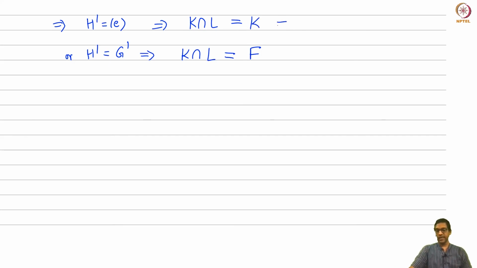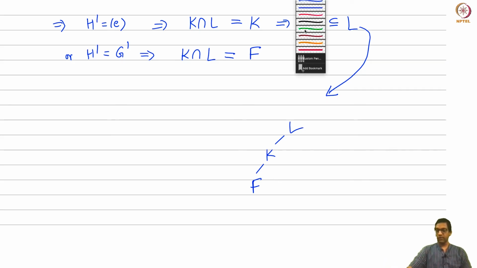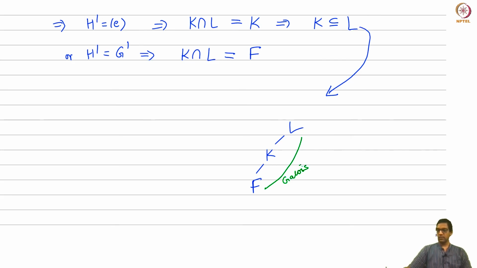But observe, K intersection L is K will mean that K is a sub-extension of L. This means that the diagram that we drew actually looks like this: F, K comes somewhere in the middle, and then L comes somewhere further up, right? But then observe, L over F was given to be Galois, and with abelian Galois group.